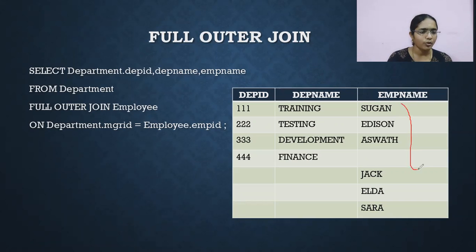These are the complete information in the employee table, we know 6 records are there. Same way, how many records are in the department table? 4 records. Among the multiple columns, you fetch only department ID, department name and employee name. So with these 3 attributes, the entire information in both tables has been displayed. This is all about your full outer join.